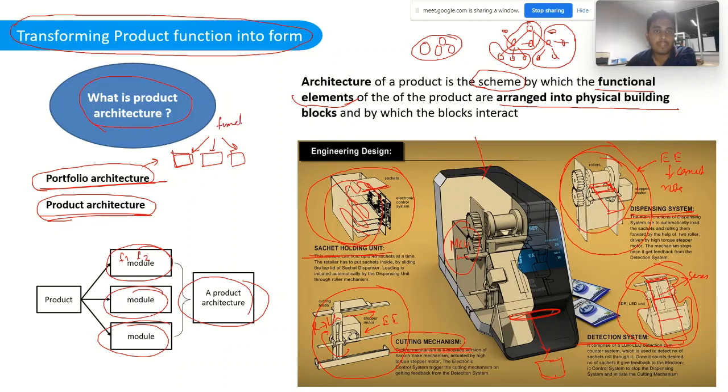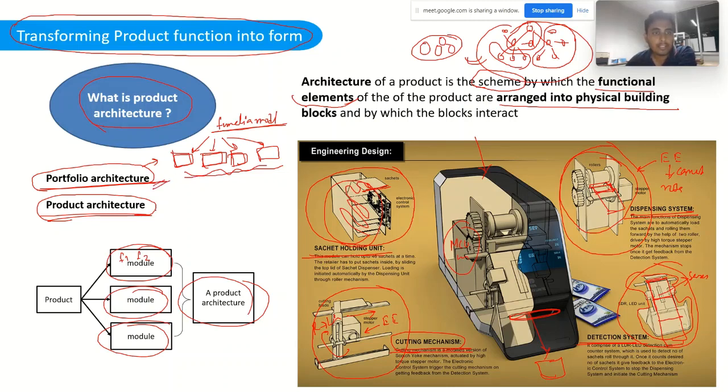There can be a single functional model, but by grouping the individual functional elements in a different way, you build a range of products having different architectures. We call this a portfolio architecture.